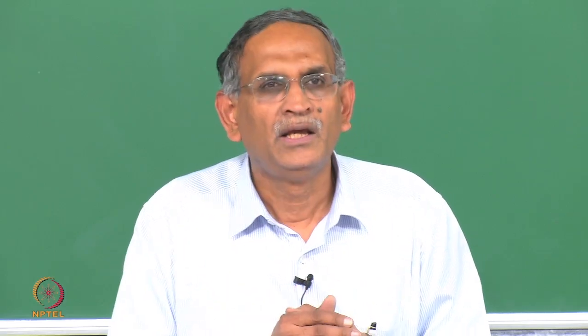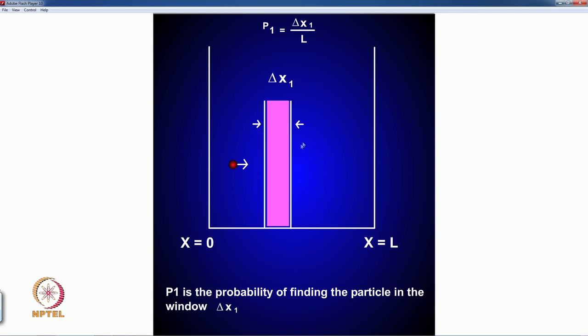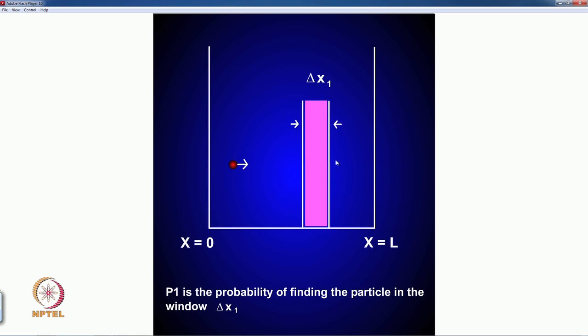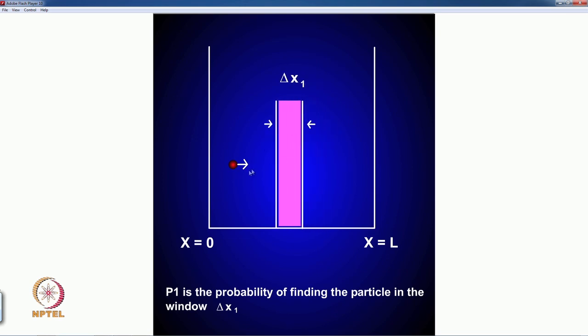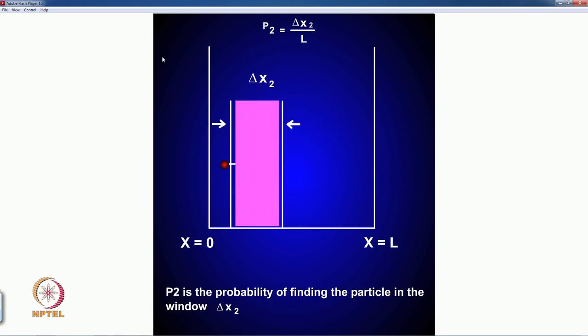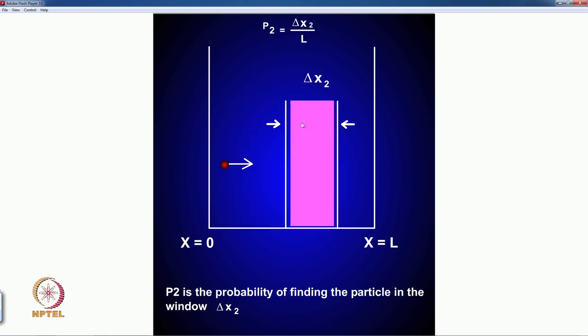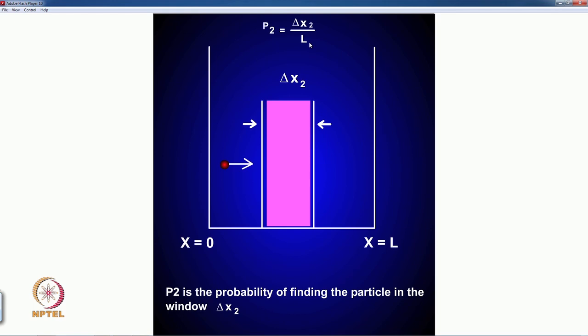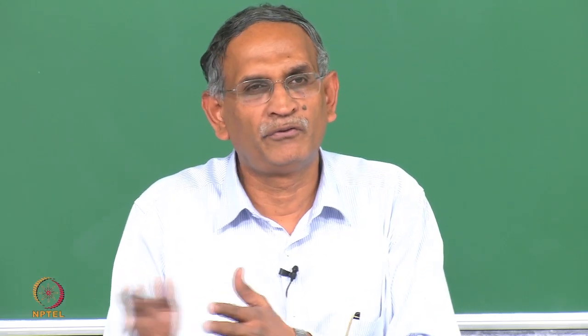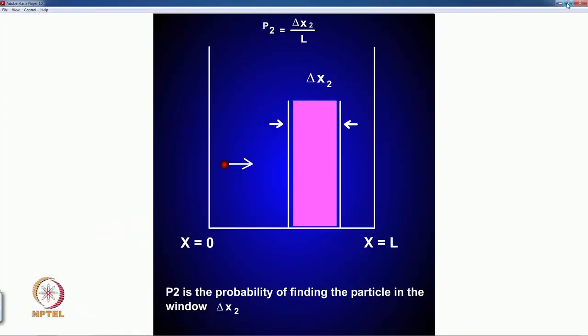That is what is meant by this particular flash movie telling you that the probability P1 for an interval of delta x, if you are locating the particle in that interval across this, it is uniform. Now, if the delta x is different, it is going to be different by that corresponding ratio, namely delta x2 by L. This is what we expect the particle's position and its probability to be associated with, but in quantum mechanics we do not see that.